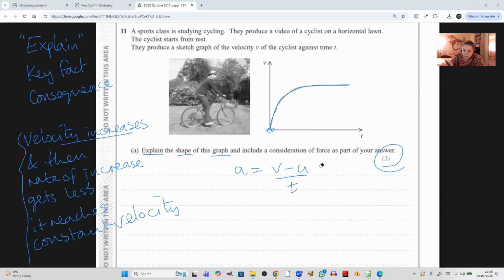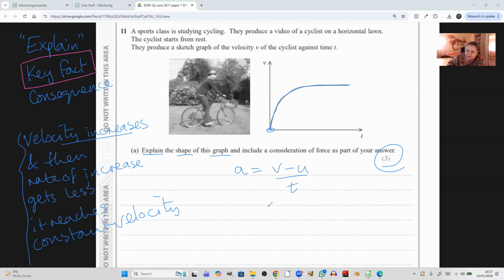So, in order for the acceleration to be big at the beginning, what must be true about the force? Like the greatest magnitude. Yeah, so there must be an unbalanced force, a big one, at the beginning. Okay, so can you see what the key fact's got to be?